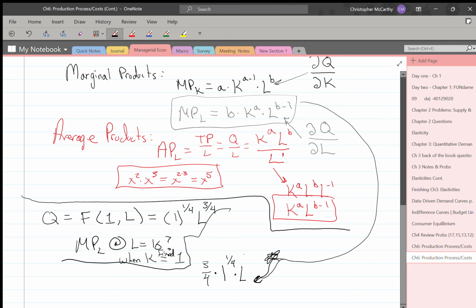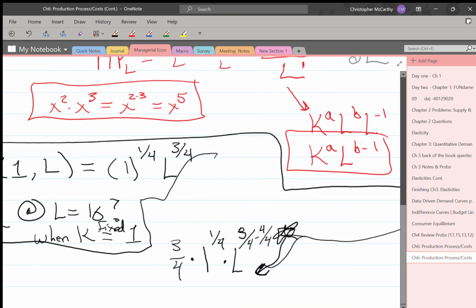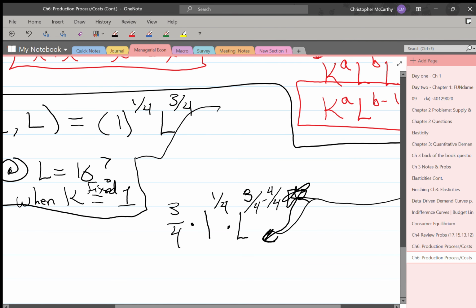So 3/4, what's 3/4 minus 1? The way to do this easily is you do 3/4 minus, and then you just convert that 1 into a fraction. So that way it's very easy for you to see, 3 minus 4 gives us negative 1/4 on the numerator.